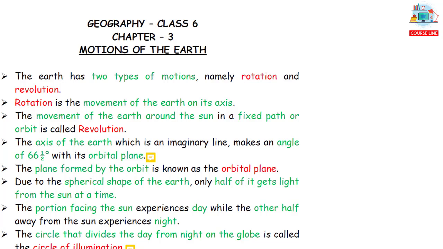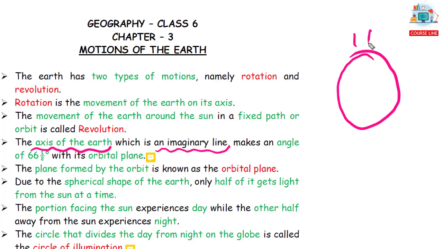The axis of the earth, which is an imaginary line. Okay, we can imagine the axis of the earth, and suppose this is earth and this is north pole and this is south pole, then the imaginary line joining north pole and south pole is the axis of the earth. We know that our axis of the earth is tilted.